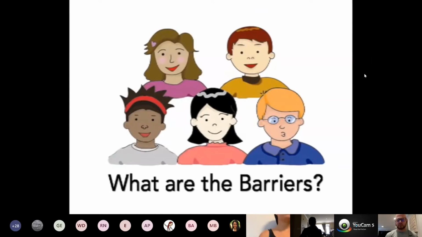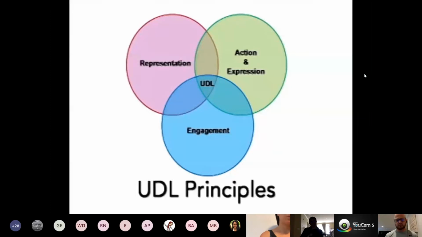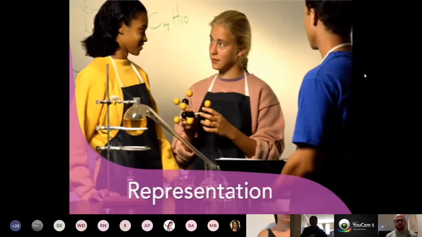To eliminate the barriers, use the 3 UDL principles to create flexible paths to learning so that each student can progress. Number 1, provide multiple means of representation. Present content and information in multiple media and provide varied supports. Use graphics and animation, highlight the critical features, activate background knowledge, and support vocabulary so that students can acquire the knowledge being taught.